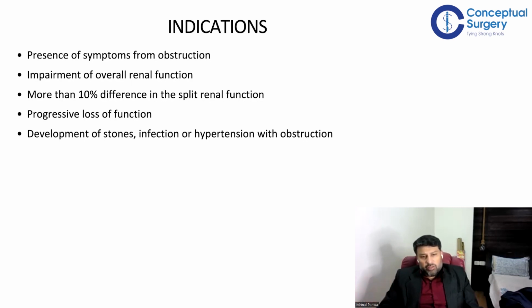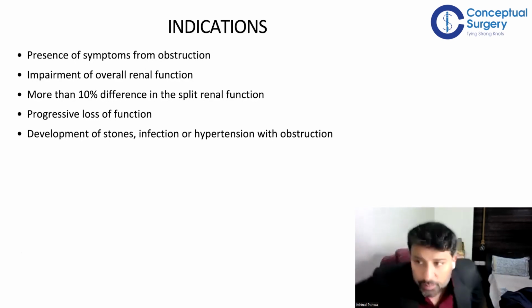And if we trace the function over a period of time and see a progressive loss of function, that also becomes an indication for surgery. Other than that, if there is development of stones, recurrent infections, or hypertension with documentation of obstruction on nuclear renogram, then also we go for surgery in such situations.